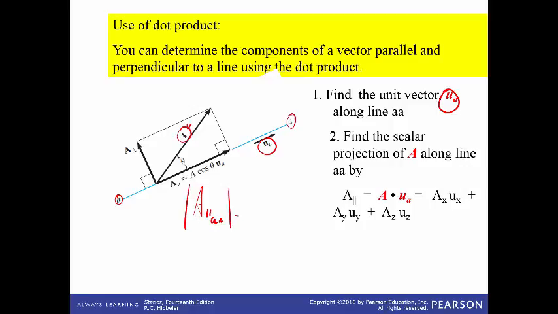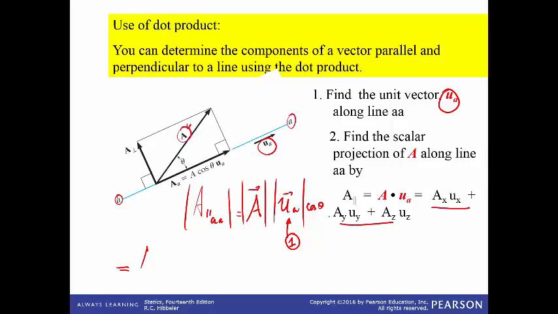It's going to be equal to the magnitude of the vector A times the magnitude of the unit vector along line A times cosine of alpha. Same thing, but now you know that the magnitude of the unit vector here is 1, right? The bottom line is that this would be this expression here.